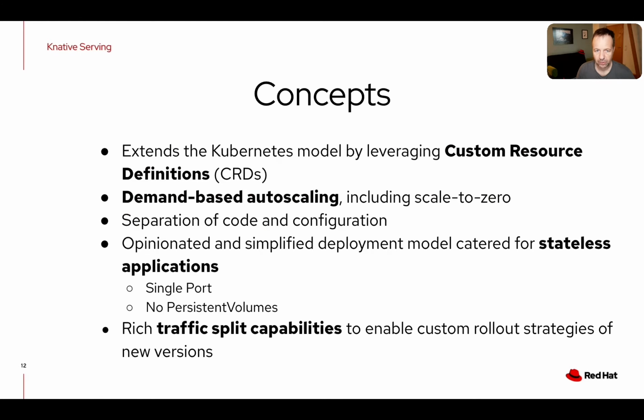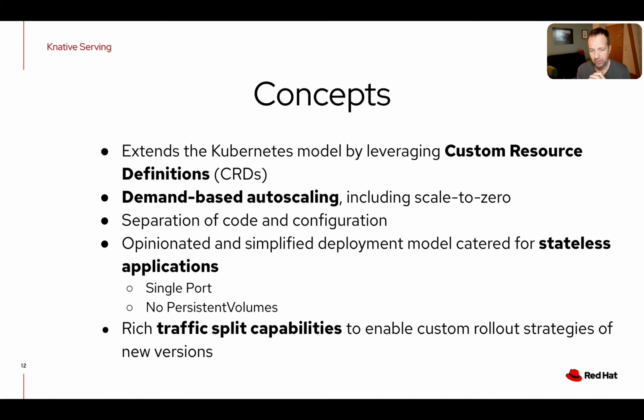First of all, it's important to know that like everything on Kubernetes, Knative, which is based on top of Kubernetes, as I already mentioned, is based on Kubernetes resource definitions, CRDs. CRDs are the extension model of Kubernetes, how you can add your own types to Kubernetes and let Kubernetes manage those types. And we will see most of the Knative custom resources later on.